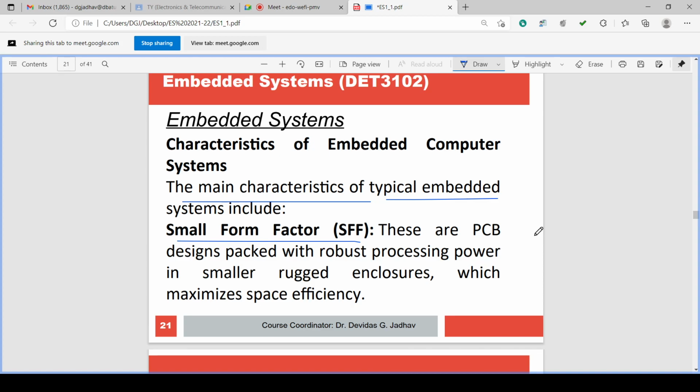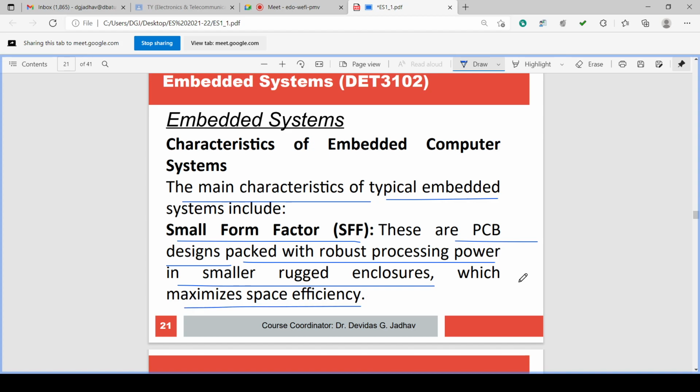Form factor is very small. That means its architecture is very small, miniaturized. And these are the PCB designs. You know PCB designs, printed circuit boards packed with robust processing power in smaller rugged enclosures with minimized space.